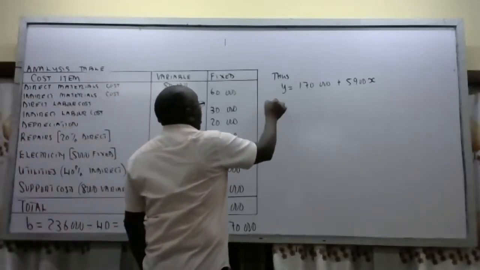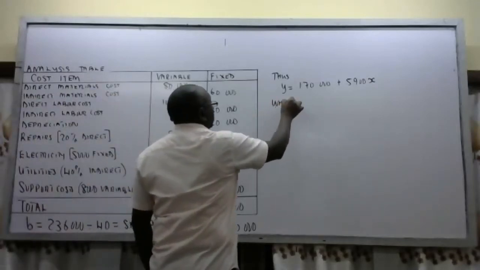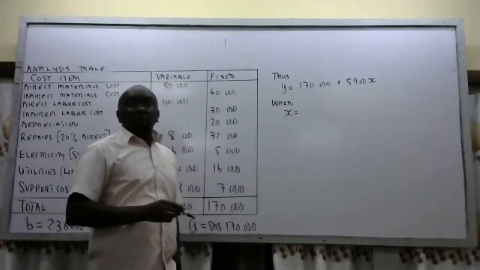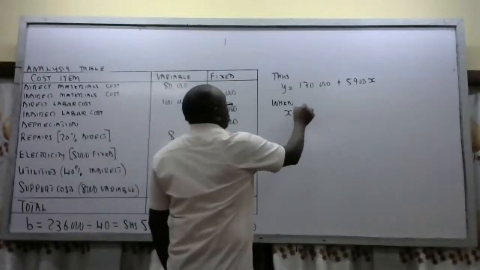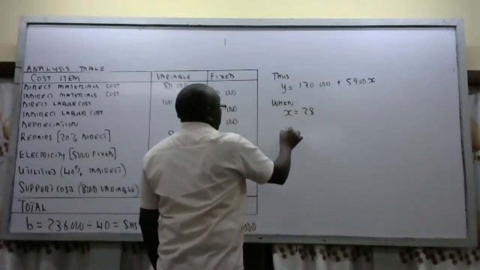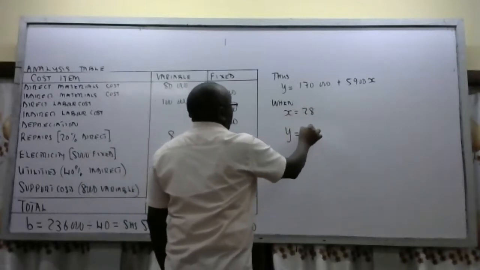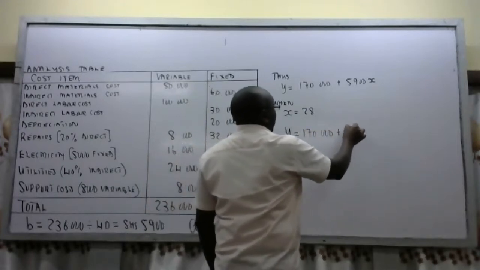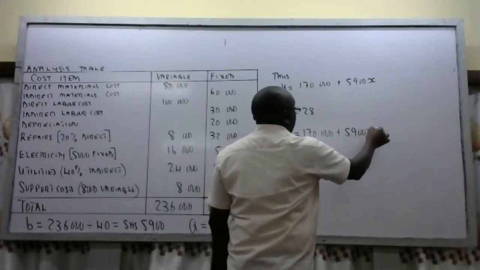So when x is, we wanted to predict for 28 units. So when x is 28, then y will be 170,000 plus 5,900 times 28.